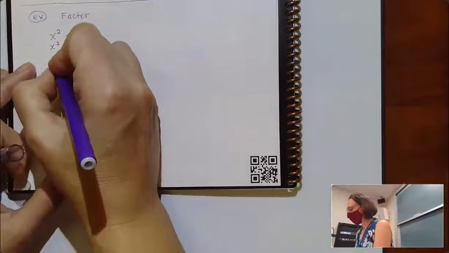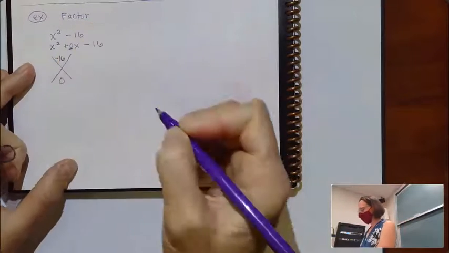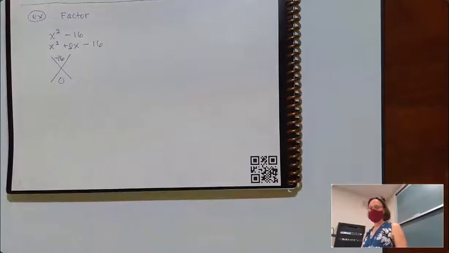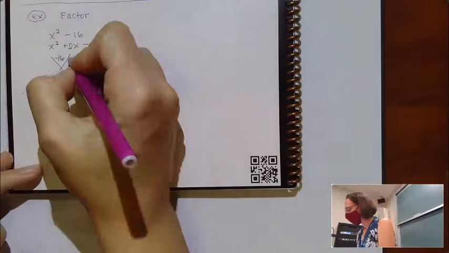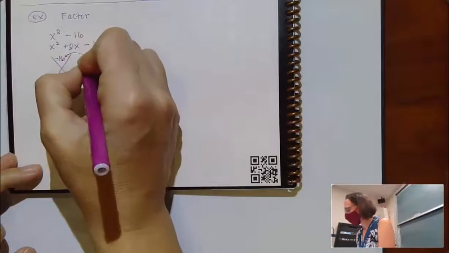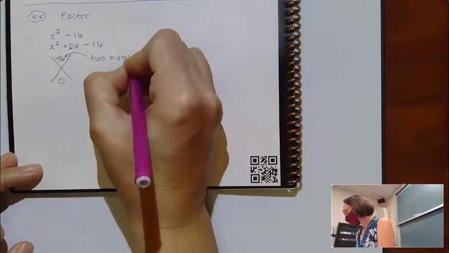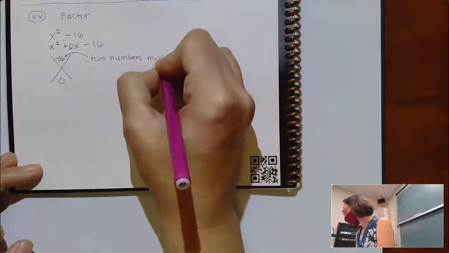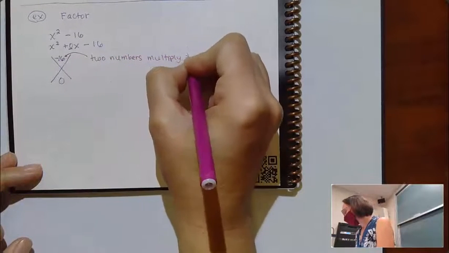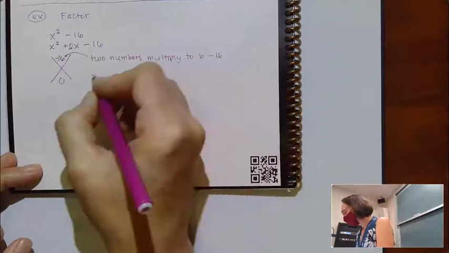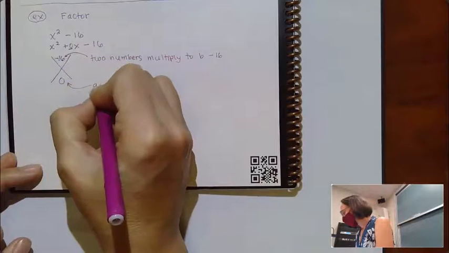And then I've got a minus 16. So this says I'm looking for two numbers that multiply to be negative 16 and add up to 0.